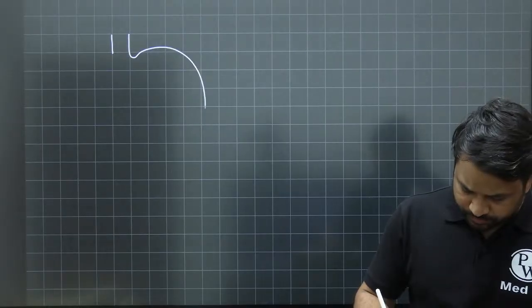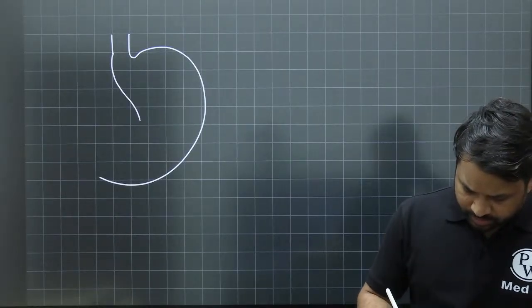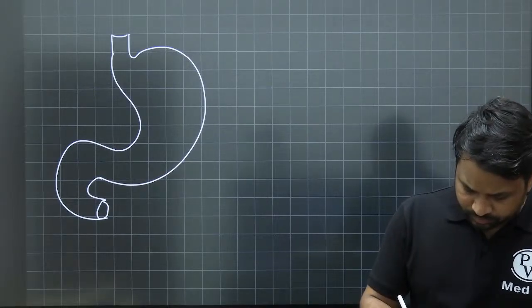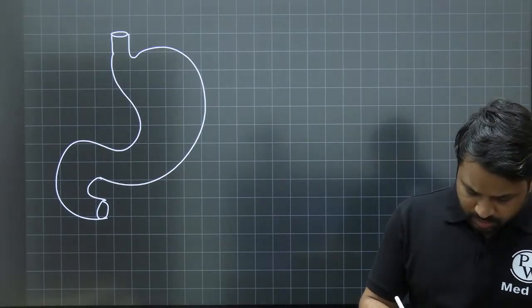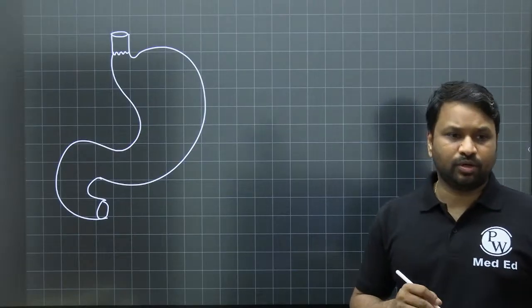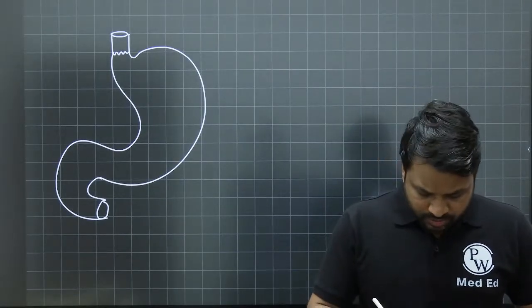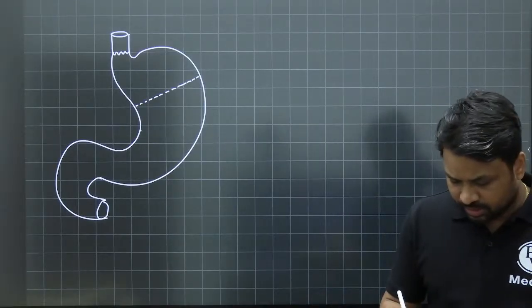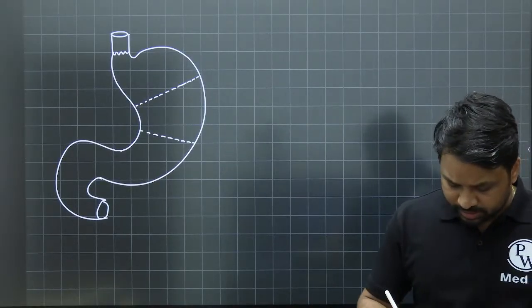If you take this as the representation of the esophagus, and this happens to be stomach. This happens to be your gastroesophageal junction. We divide the stomach into the proximal part, the mid body, and the distal.